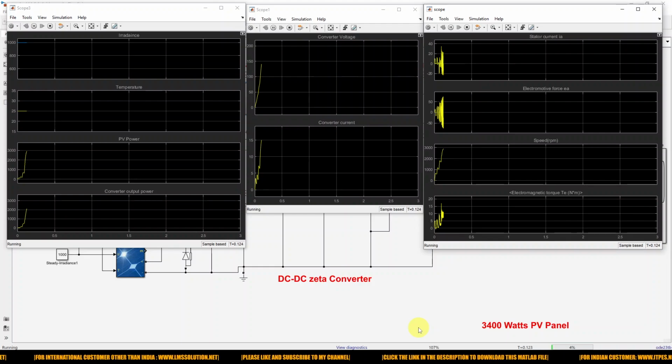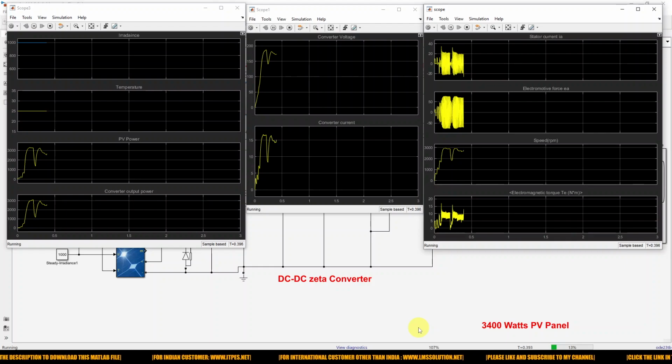As I already told, from 0 to 1 second the panel will act under uniform irradiation condition, both panels having 1000 watts per meter square. After 1 second, the first panel irradiation changes from 1000 to 500, so the partial shading concept is created for panel 1.